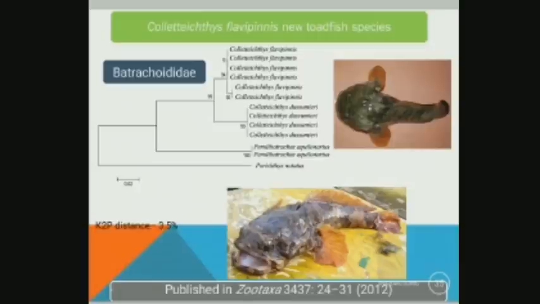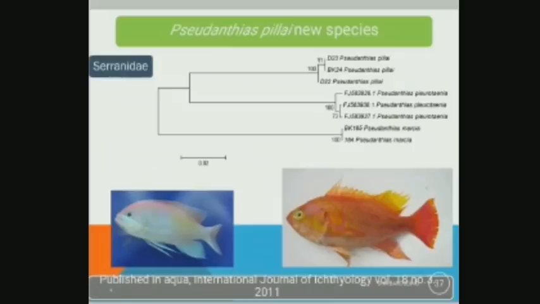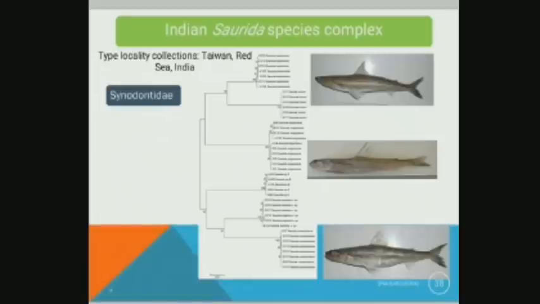Here is another group of fish species. Here also a new species has been recorded. Here is a similar kind of thing. Again, some more. In some groups of species belonging to a particular genus, there was a lot of confusion in the species complex.